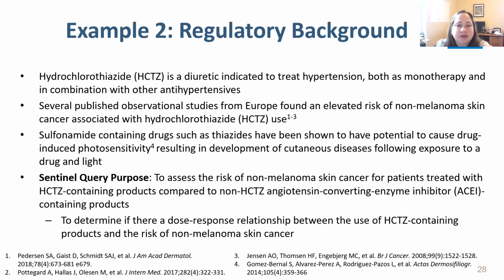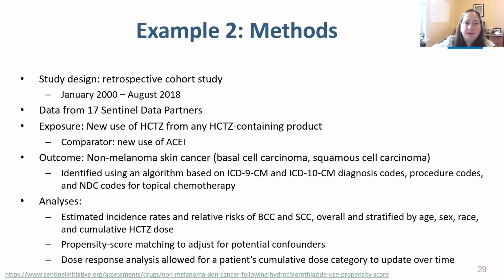They decided to compare it to angiotensin converting enzyme inhibitors, or ACE inhibitors, and all products containing ACE inhibitors. In addition to assessing the risk, they also looked to see if there was a dose-response relationship, and I'll show you that analysis shortly.